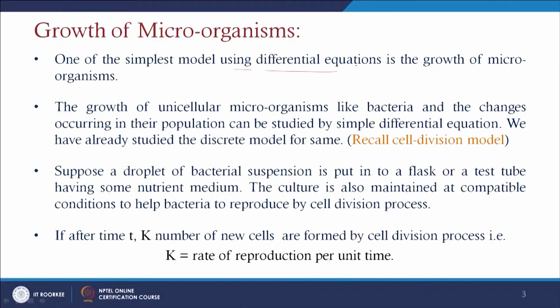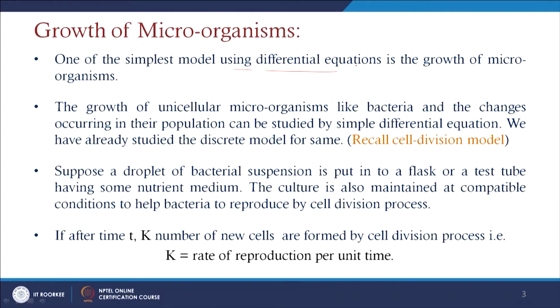The growth of unicellular microorganisms like bacteria, especially, since individually they can grow or they can break to form new cells, and the changes occurring in their population can be studied by a simple differential equation.